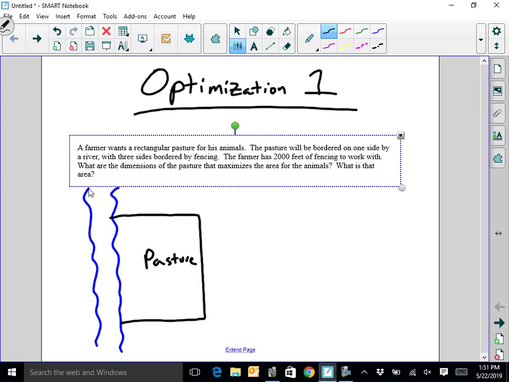I'm going to use x and x for these two dimensions. I don't have to choose x, but whatever I choose for the top, it makes sense to choose the same letter for the bottom because I know that they're the same. But rectangles don't have to have all four sides congruent. That's only squares. So I'm going to call the third piece of fence here y.